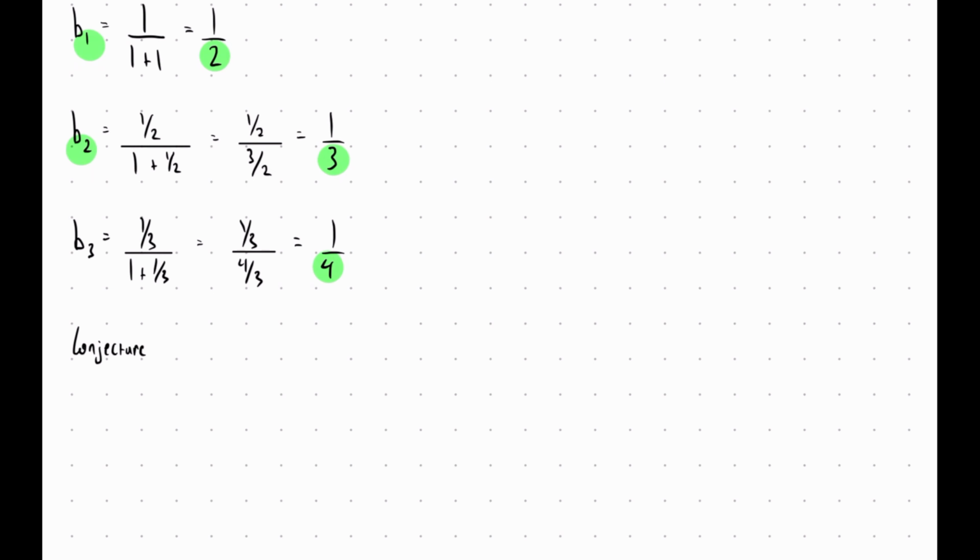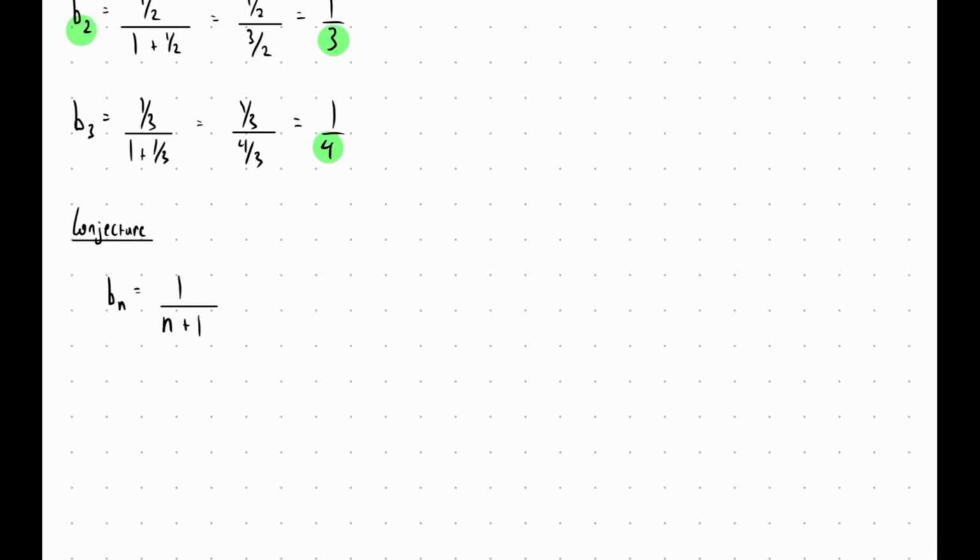B_k equals B_{k-1} over 1 plus B_{k-1} for all k greater than or equal to 1, k in the naturals, B_0 equals 1.